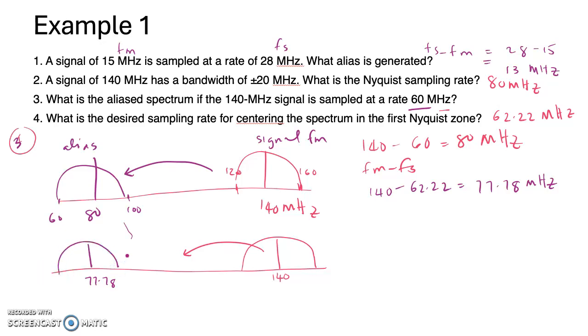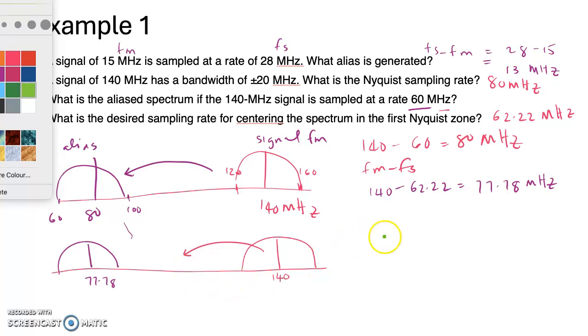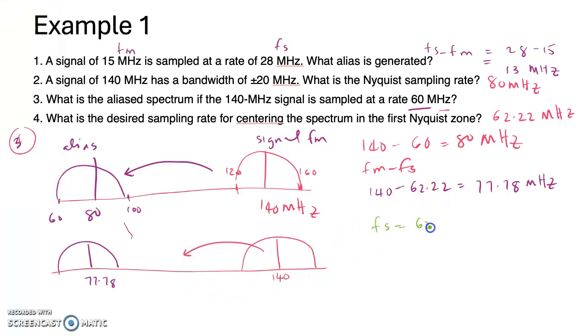Now, is this situated in the first Nyquist zone or not? To determine the Nyquist zones, remember that we have to divide the sampling frequency by half. If our Fs is 62.22, the first Nyquist zone will be 62.22 divided by 2, which is 31.1.